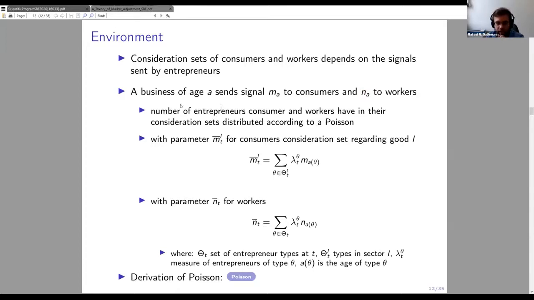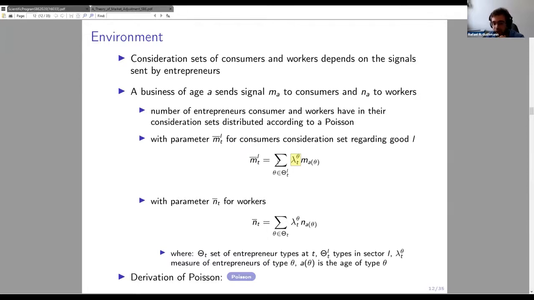So from the point of view of workers and consumers, the number of entrepreneurs a consumer and a worker knows is distributed according to a Poisson distribution, with parameter M_L, which is the weighted average of these M_A. So M_L is the weighted average of the M_A(theta) for each type of entrepreneur theta, and then you have the set of entrepreneurs operating in sector L, and you just sum over all these entrepreneurs, weighted by their population, delta_L(theta). So suppose all entrepreneurs are of the same type, and there is only one sector in the economy, so the measure one of entrepreneurs are in that sector.